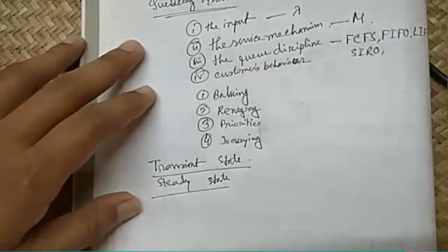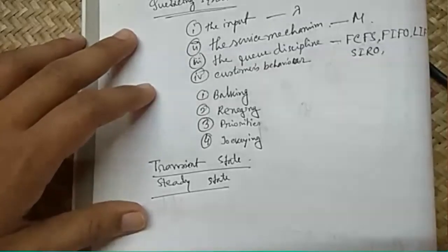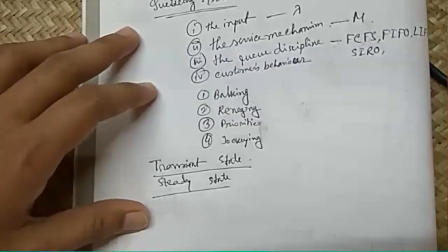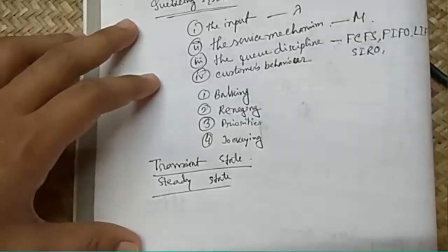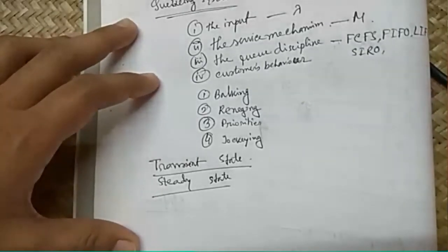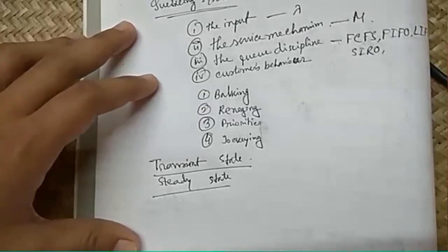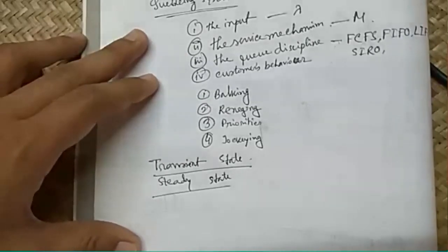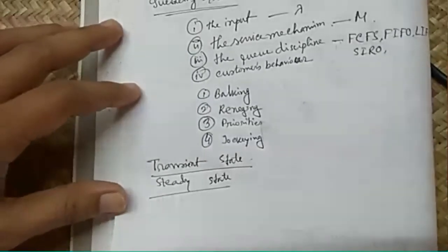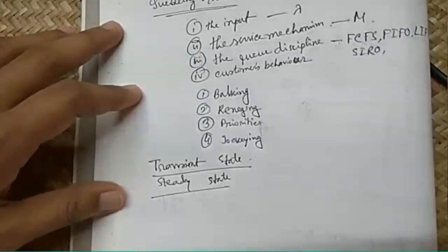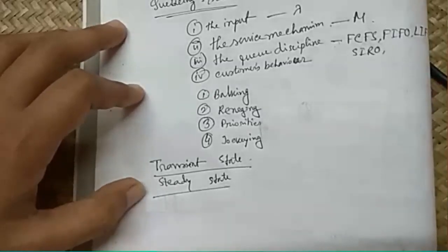Suppose in pandals, when you go pandal hopping in pujas, whenever the gate opens, everybody jumps in to go in. That is a transient state because the number of people coming in is random. But when a long queue is formed, you'll find the line is going forward at a steady pace and not changing with time. Then the line becomes stable. That is called the steady state.